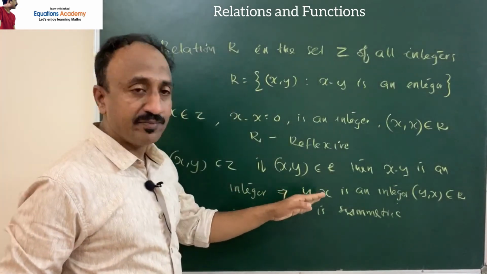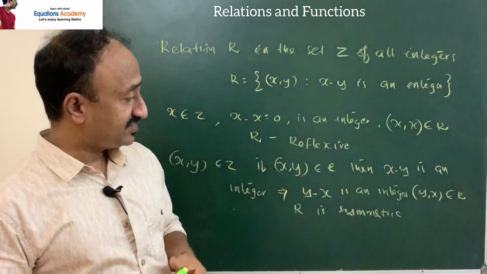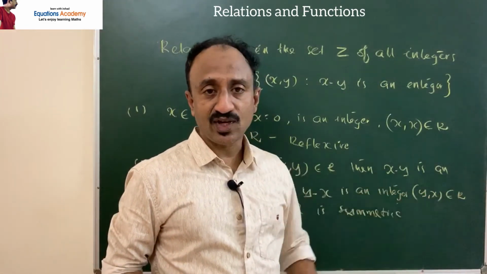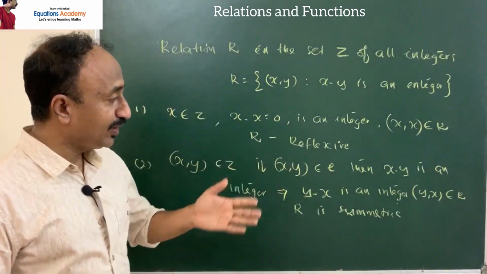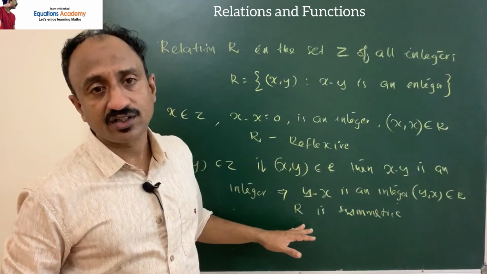If x minus y is an integer, then obviously y minus x will be an integer. That means (y, x) belongs to R. So, if (x, y) belongs to R, then (y, x) belongs to R, so this relation R is symmetric.